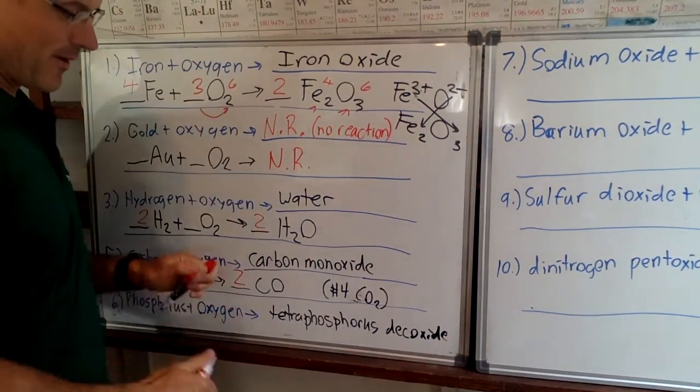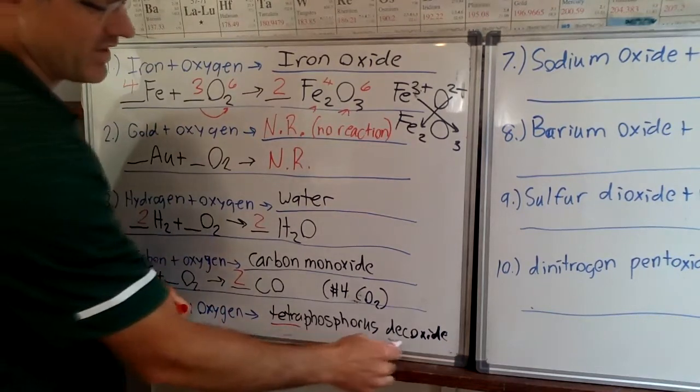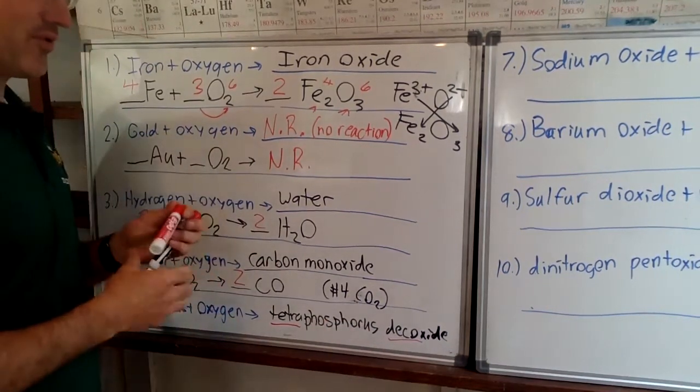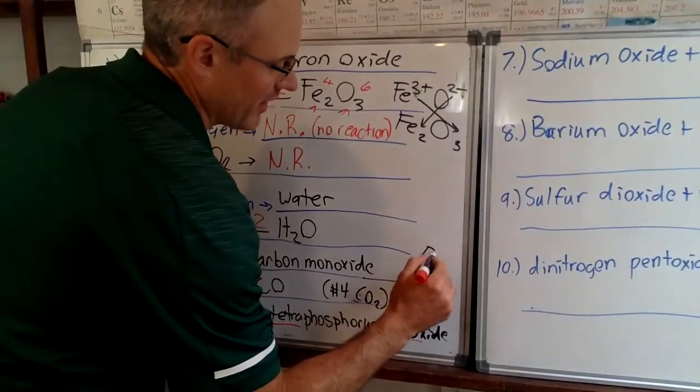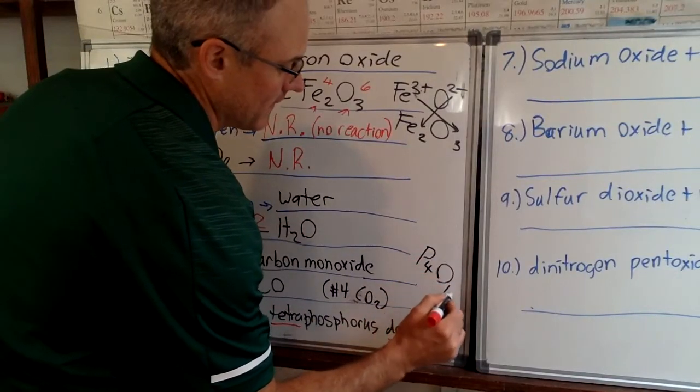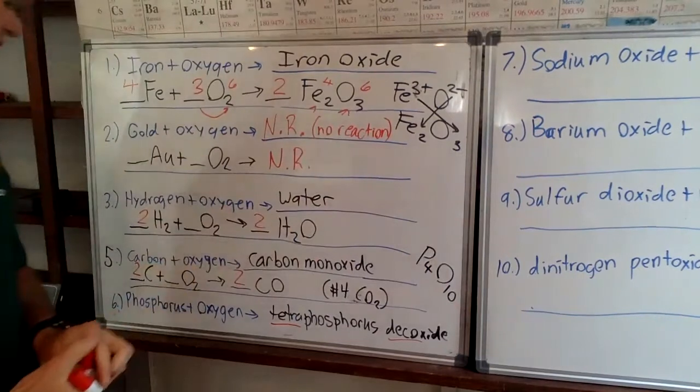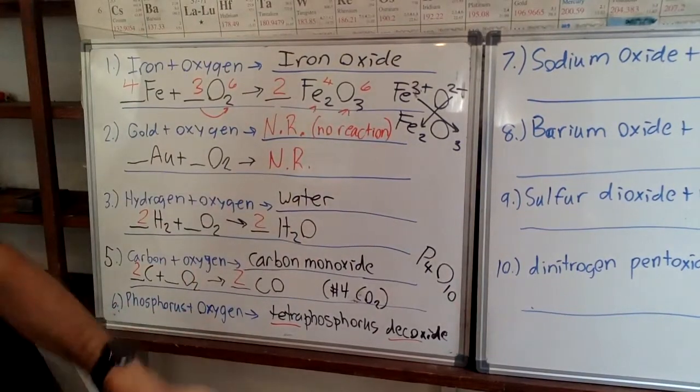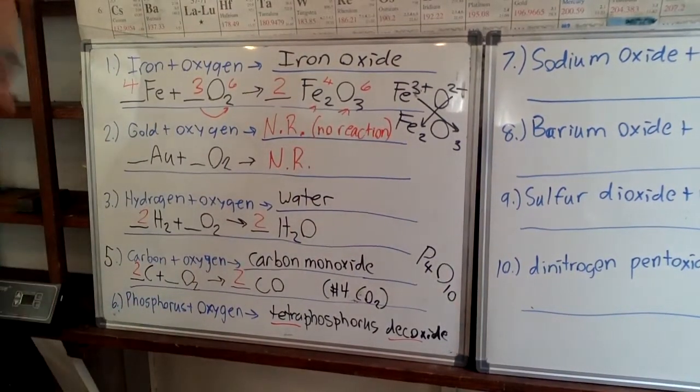Tetra meaning 4, and deca meaning 10. So the formula of this bad boy is actually P4O10. I don't have room to write the reaction down. Well, maybe I do.